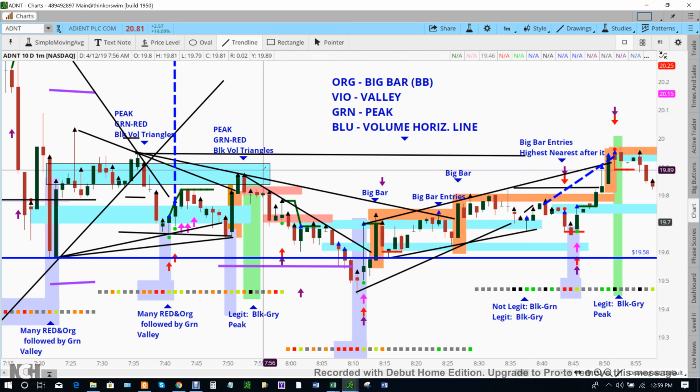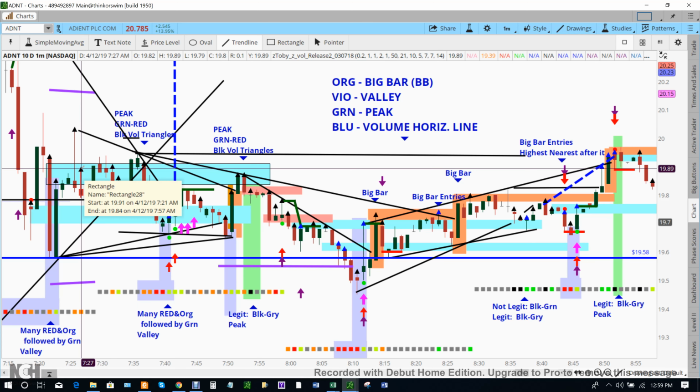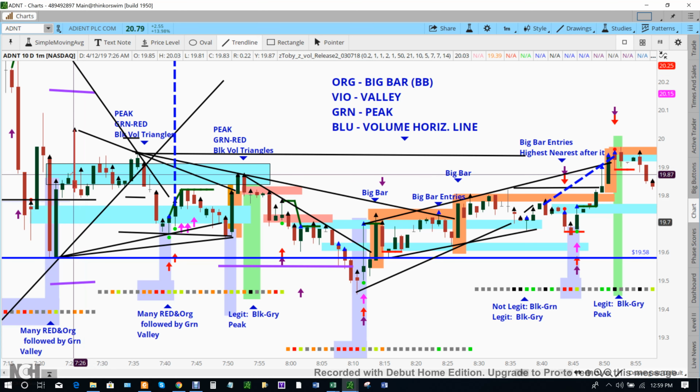We call them blue horizontal bands. Basically you just look for these triangles, which mean there's some volume. Blue ones are the best, but blacks are okay.